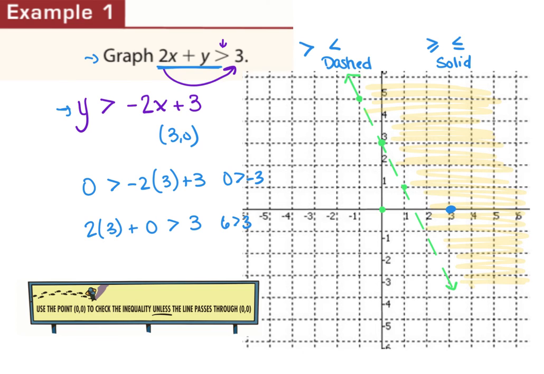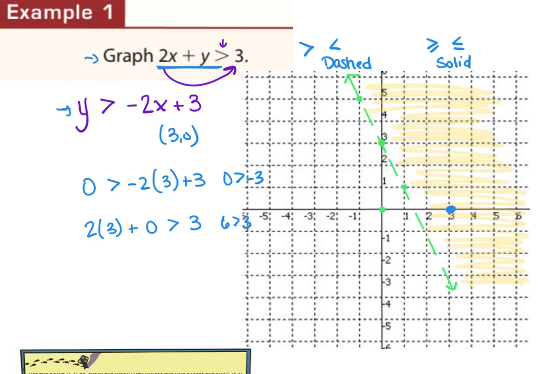So if I plug it in, I should get a false statement, correct? So let's see if I do. If I go to my original and I have 0, 0. So 2 times 0 plus 0 is greater than 3. 0 is greater than 3. False. That should not be in my shading, and you can see that it is not, okay?